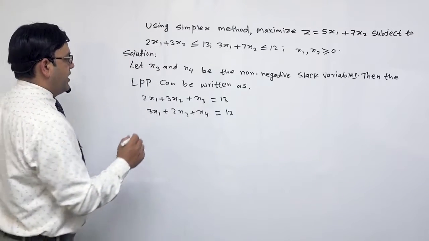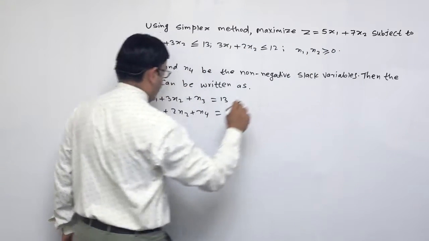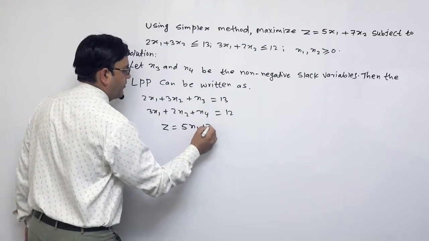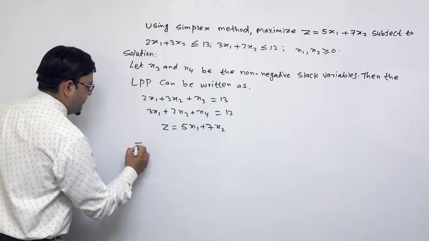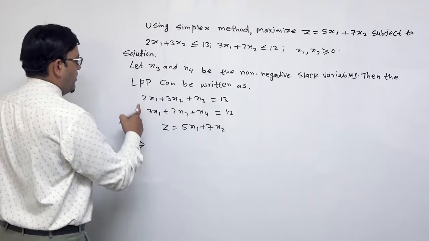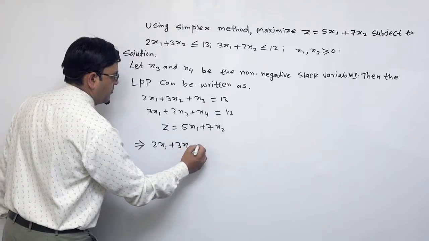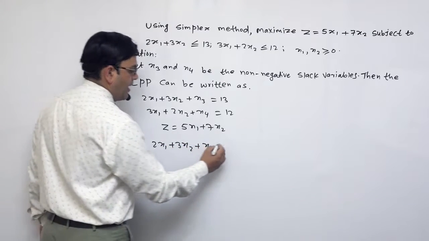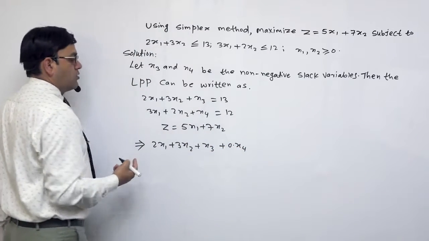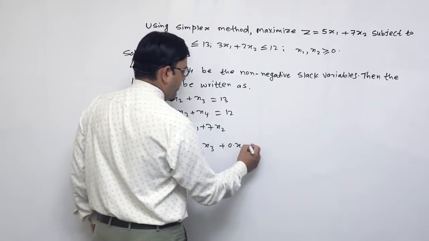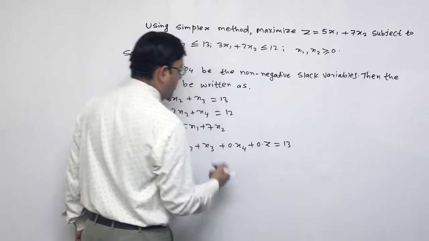And then next one is z equals 5x1 plus 7x2, which gives here 2x1 plus 3x2 plus x3, and then plus 0 times x4 because we don't have x4 here, and plus 0 times z equals 13 because there is no z.